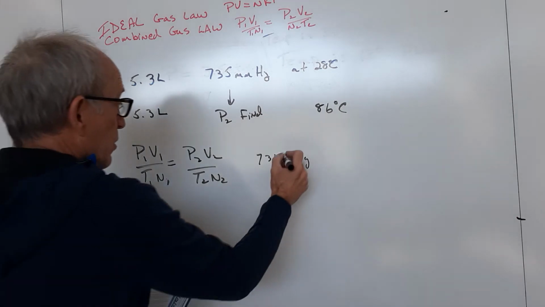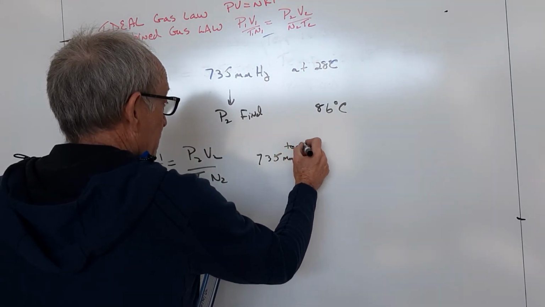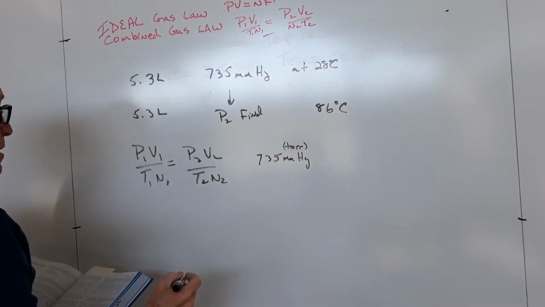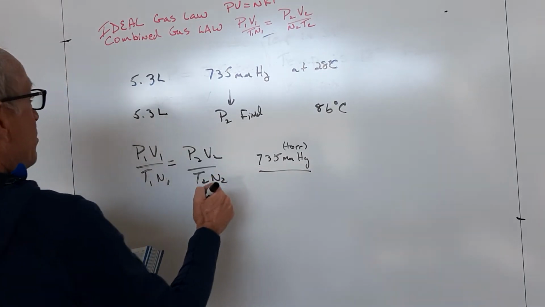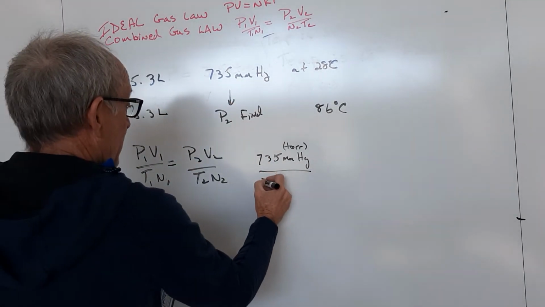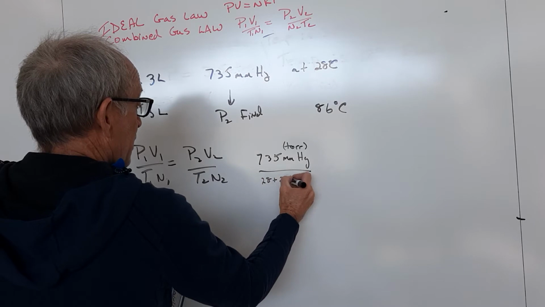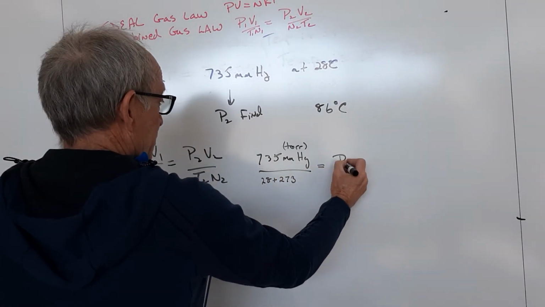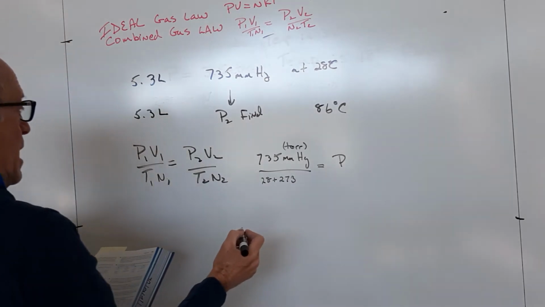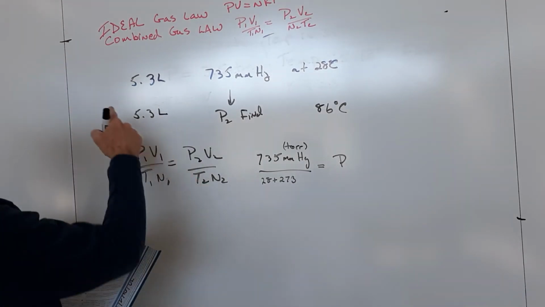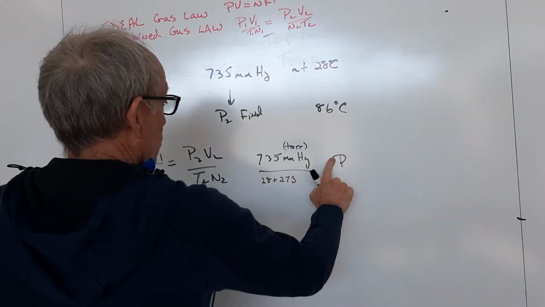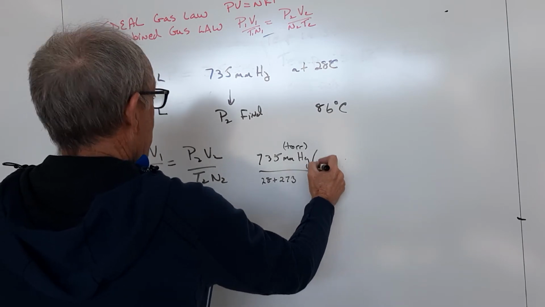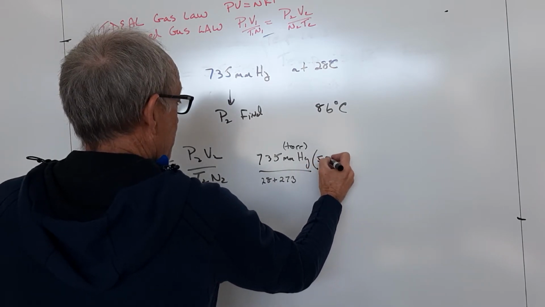Then I'll divide that by the temperature, which is 28 plus 273. That's going to be equal to my pressure, volume. Did he give me a volume? Oh, I've got to multiply this times, excuse me, I didn't put my volume in here. Times 5.3.